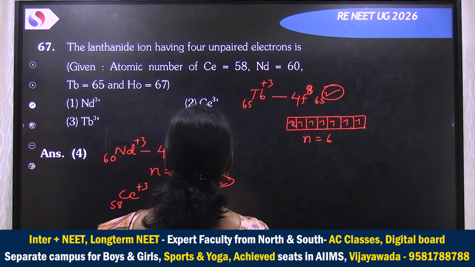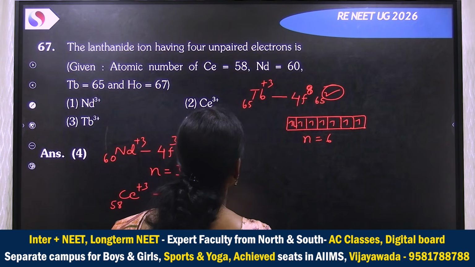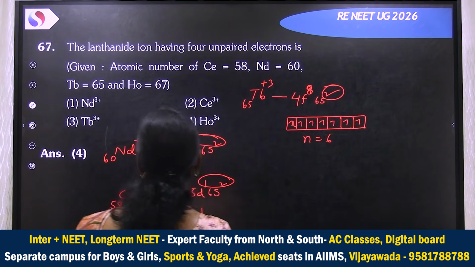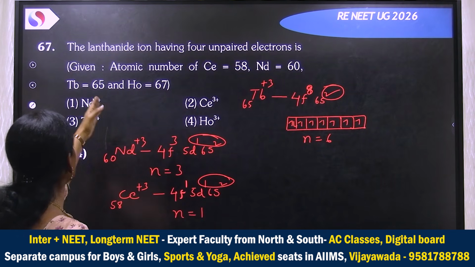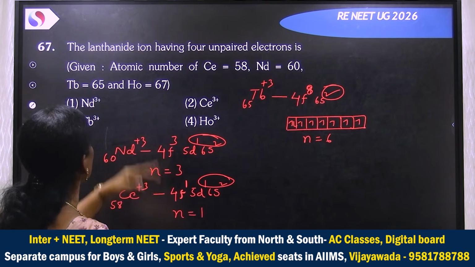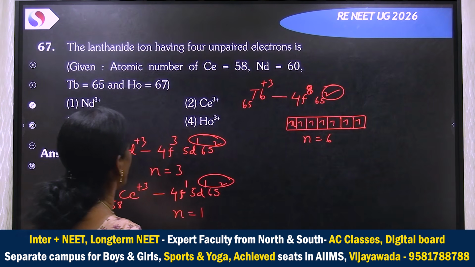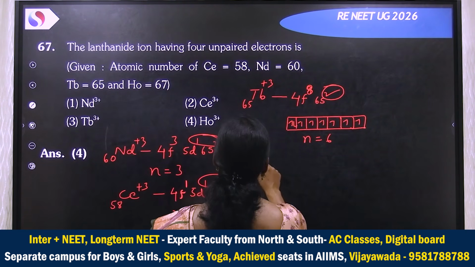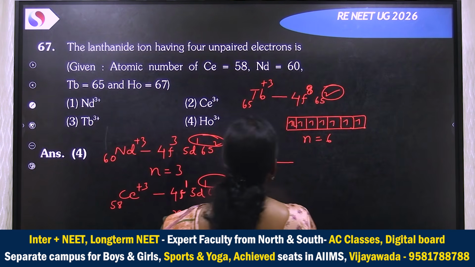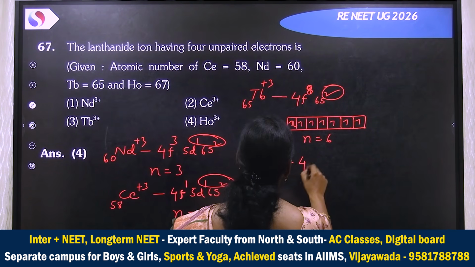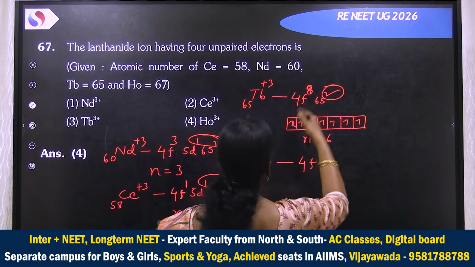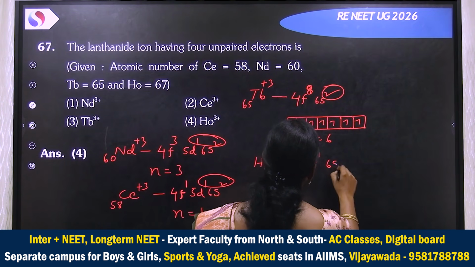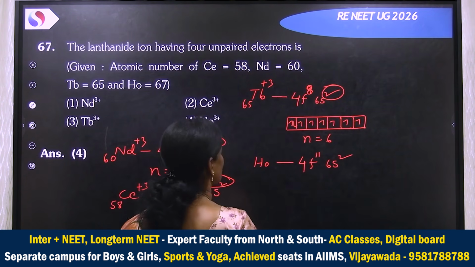Next comes holmium. Holmium plus 3. Holmium atomic number is 67. Compared to terbium, which is 65, there are 2 more electrons in holmium. So the configuration is 4f10, 2 more electrons, 4f11, 6s2.